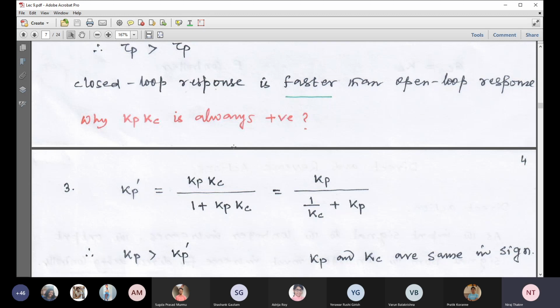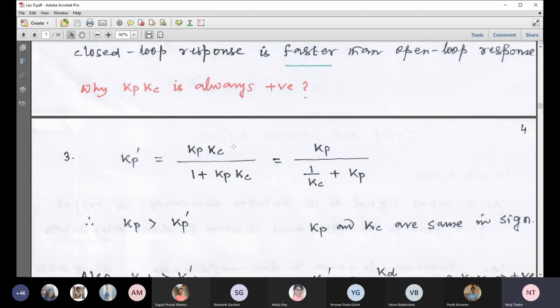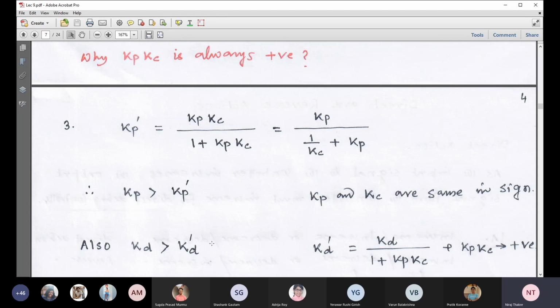What is the physical significance again? Anyway, before that, we can write it in a straightforward way. KP is greater than KP prime because this expression is similar to the tau p expression, you see. So what is the physical significance? Gain is getting reduced in case of closed loop process compared to the gain of open loop process. The static gain is always less.